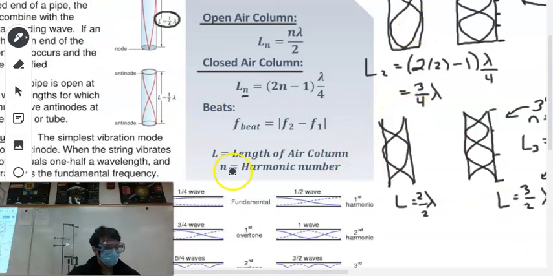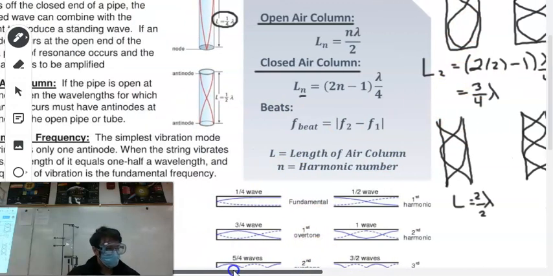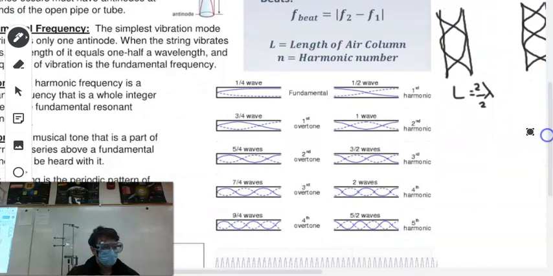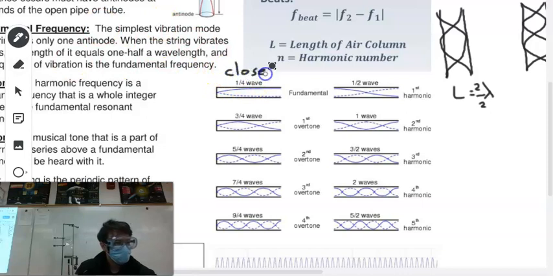Okay, now you can see I have other pitches on my handout which are much better than the ones I've drawn down here. So this one here is for your closed air column, and this one's for your open air column.